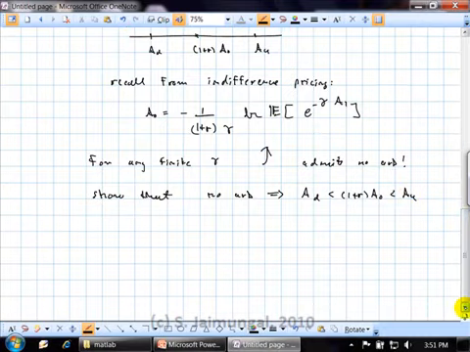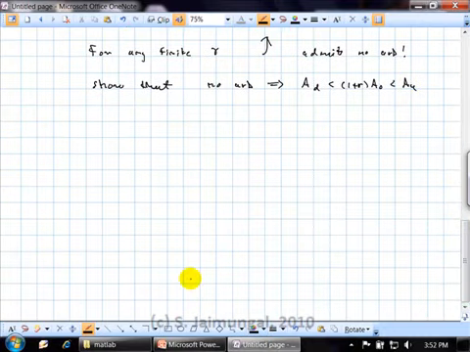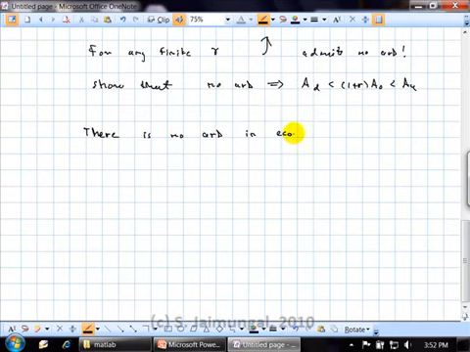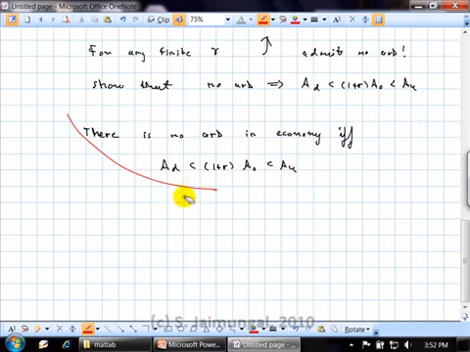So if you combine those two statements together, you actually get what's sometimes called one of the fundamental no arbitrage results. It says that there is no arbitrage in the economy if and only if, so IFF, AD is less than or equal to (1 plus R) A0, which is less than or equal to AU, because this shows both directions.